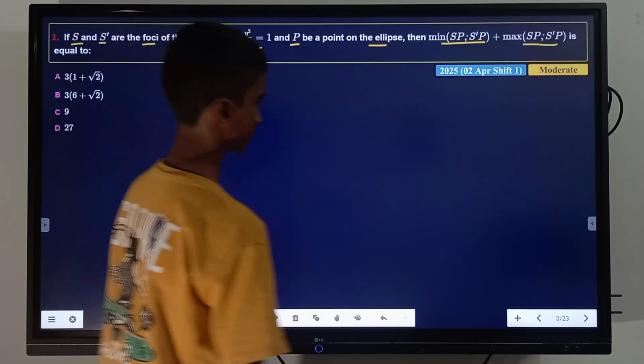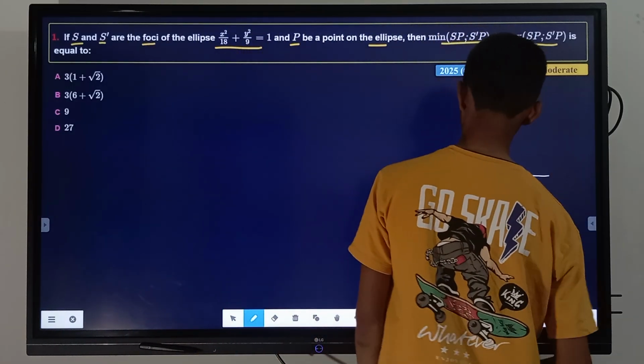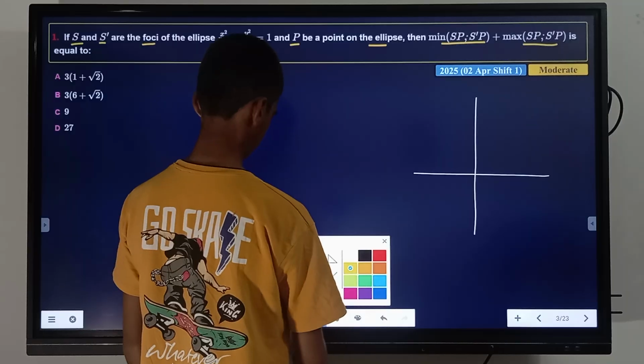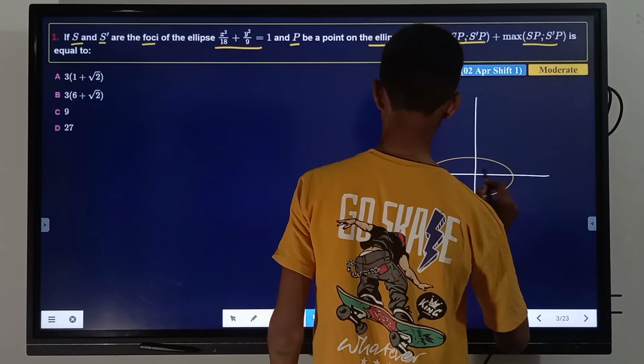first let's plot the graph. Here we have the ellipse.